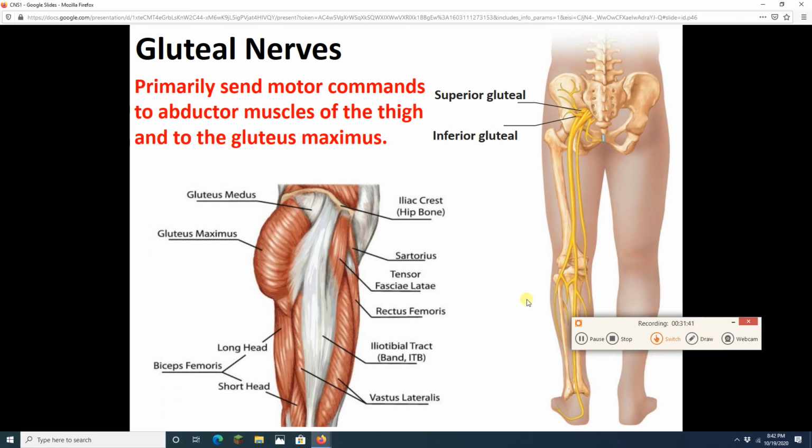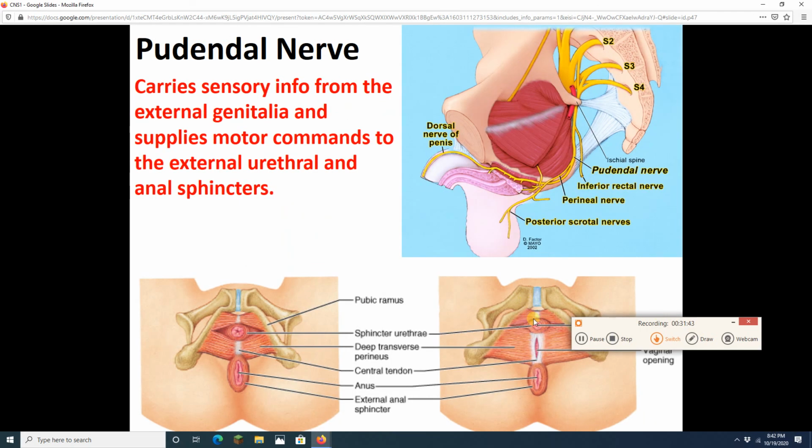And with that, we got one more to do, the pudendal nerve, which I said is going to be involved in the external genitalia, both for men and women. So for women, external genitalia, we're talking labia, clitoris, mons pubis. For guys, we're talking penis and scrotum. And so we're getting sensory information from those structures, plus motor commands that are going to the sphincter muscles.